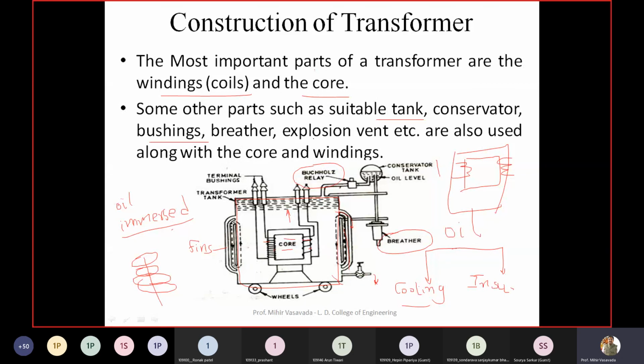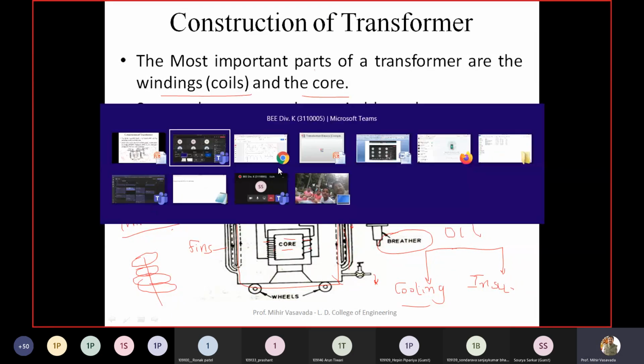And one more is explosion vent. When the pressure increases inside the transformer, then it may blast. For that an explosion vent is also given, like the safety valve in a pressure cooker to release the pressure. Its diaphragm is made of aluminum foil, so when pressure increases it will break and the oil will immediately come out, so pressure will be released.